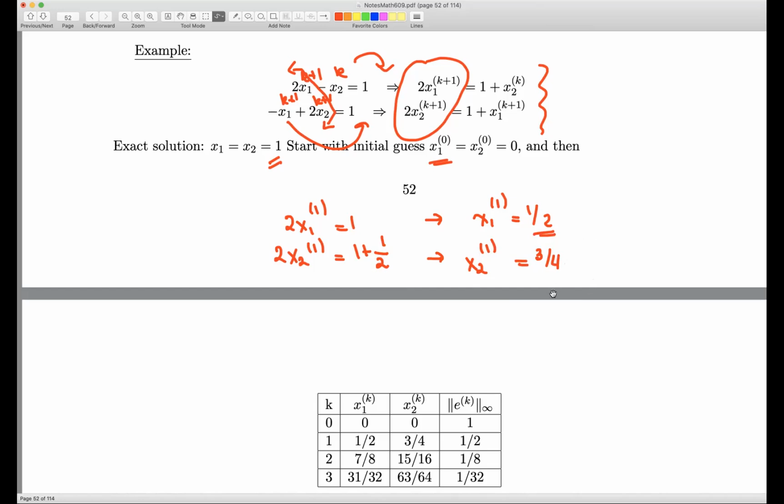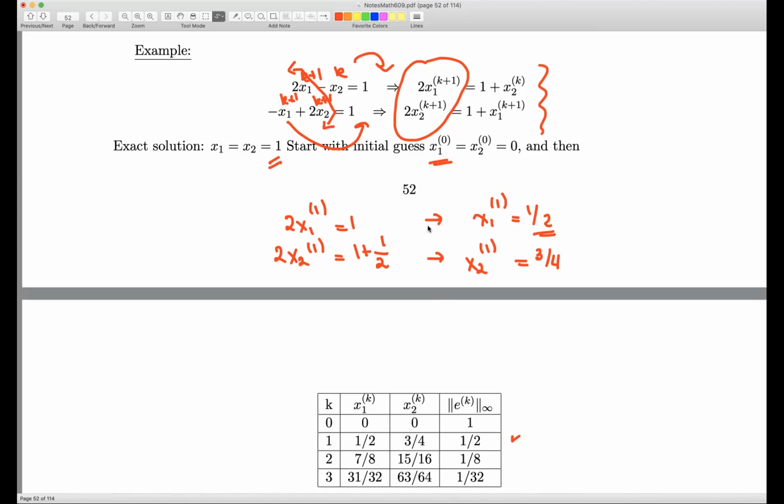And then if we look at the error, I will have the vector 1, 1 minus the vector 1/2, 3/4. And then we'll have the error with components 1/2 and 1/4. And therefore the infinity norm of the error will be a half.